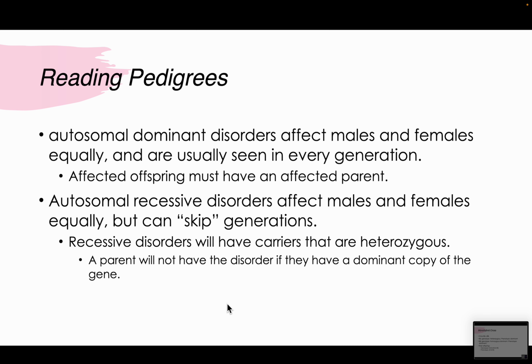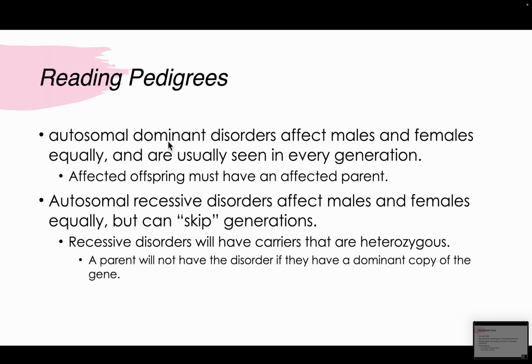So, when we're reading pedigrees, autosomal dominant disorders affect males and females equally, because an autosome is a non-sex chromosome. It does not control your biological sex, so it doesn't matter if you're biological male or female, you're just as likely to get this.